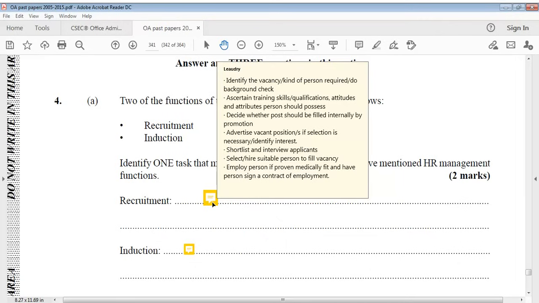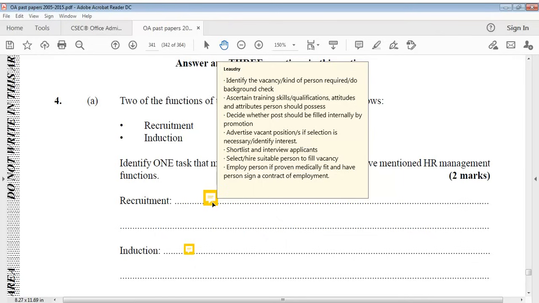Decide whether the post should be filled internally by promotion. 4. Advertise vacant positions if selection is necessary or identify interest. 5.